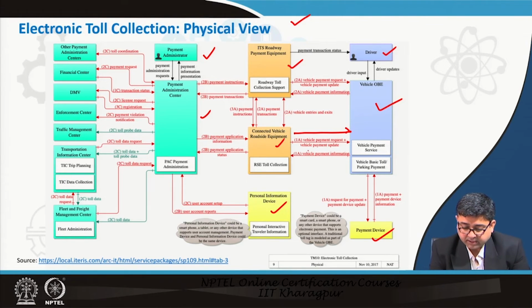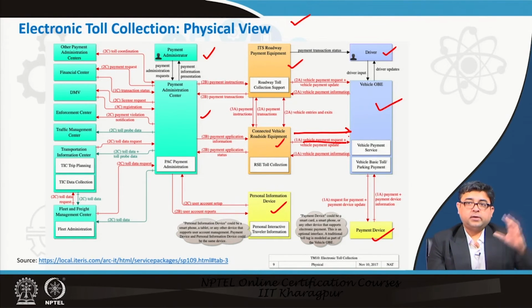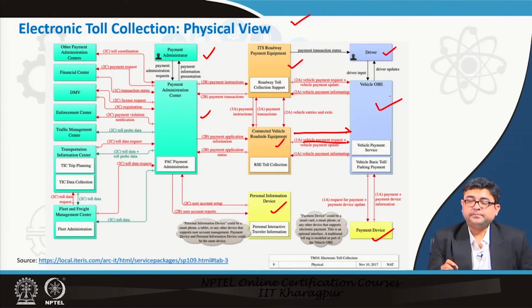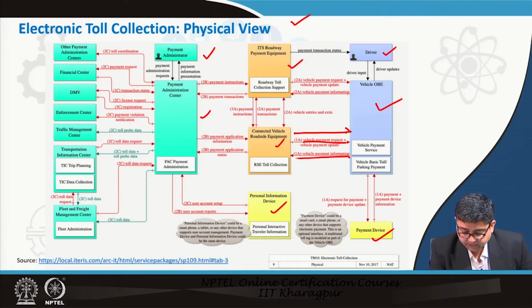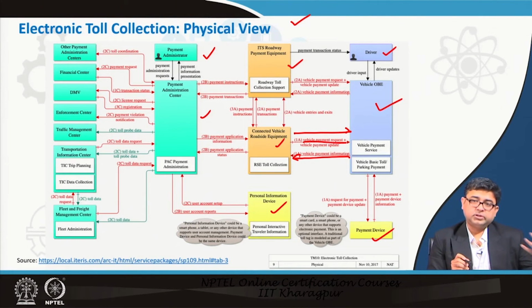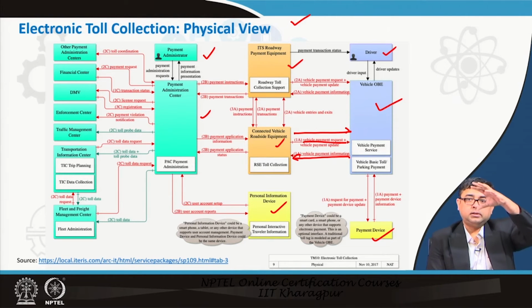there is an information flow going from the roadside equipment to the vehicle saying vehicle payment request, right. A vehicle payment request is going to the vehicle from the roadside equipment. Once the tag on the vehicle receives this request, the vehicle payment information is going back to the roadside equipment, meaning the reader on the top of the toll plaza.